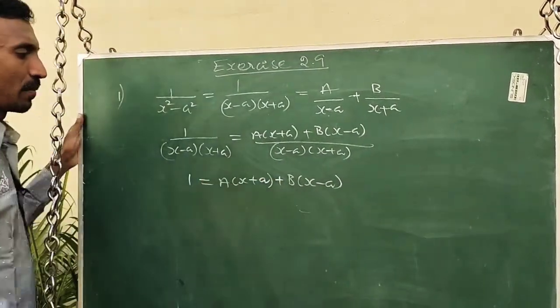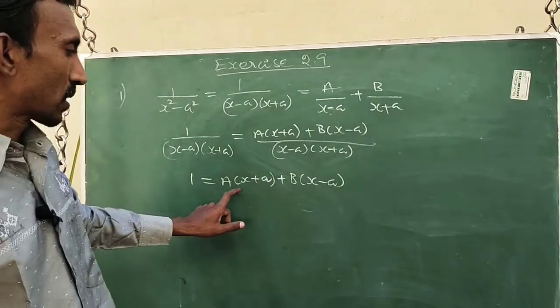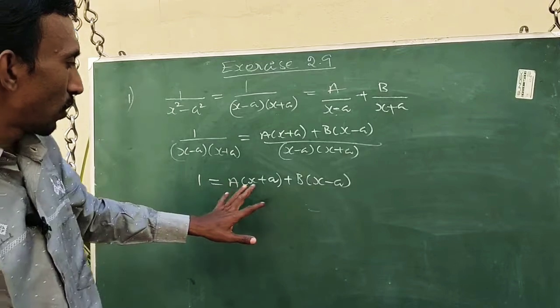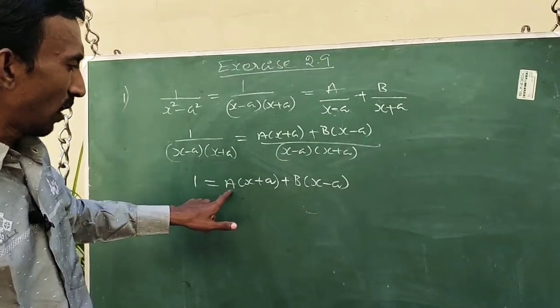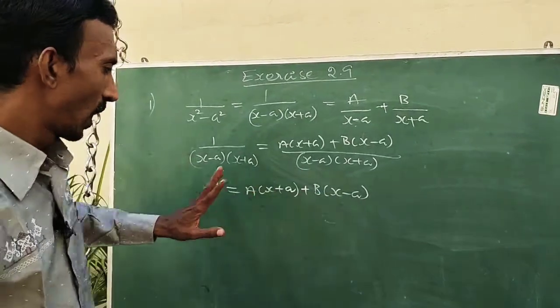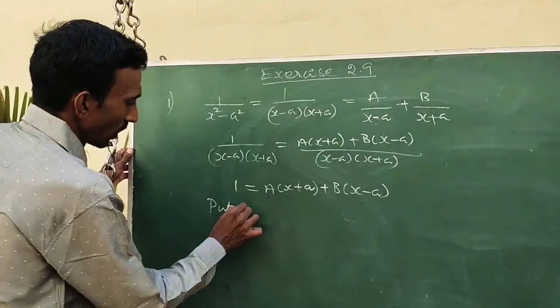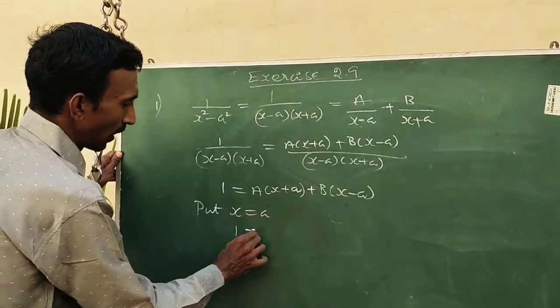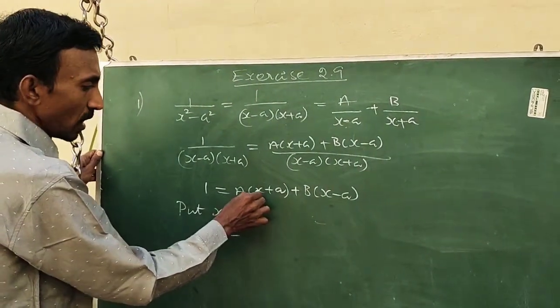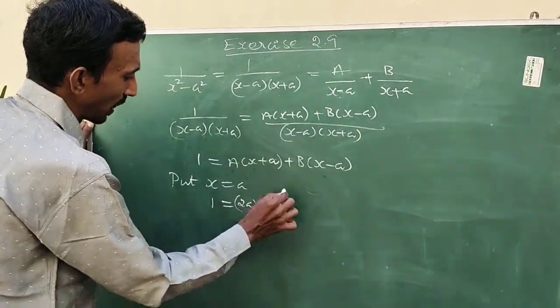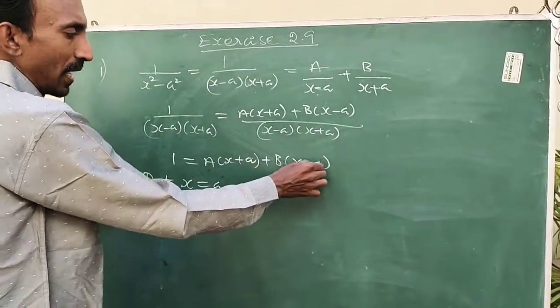Now our aim is to eliminate these two constants a and b. A very simple method is to first observe for what value of x the first term is 0, and for what value of x the second term is 0. For example, if we put x equal to a, then 1 equals a plus a, that is 2a, into capital A, plus (a minus a), which is 0.